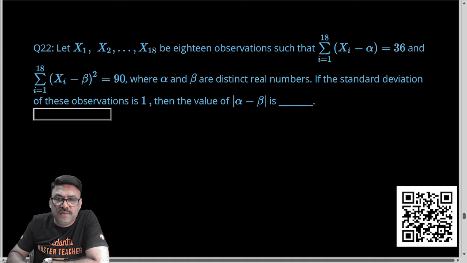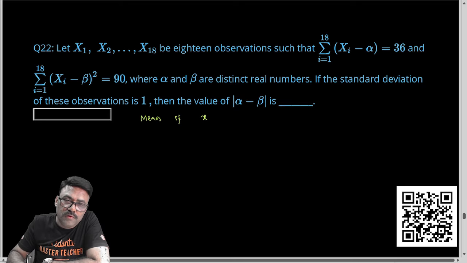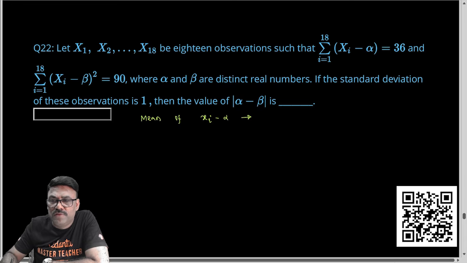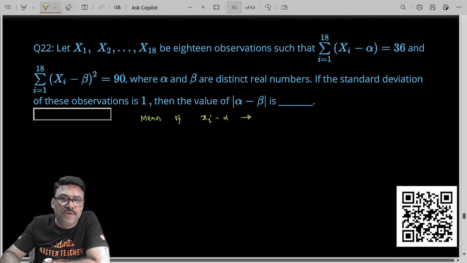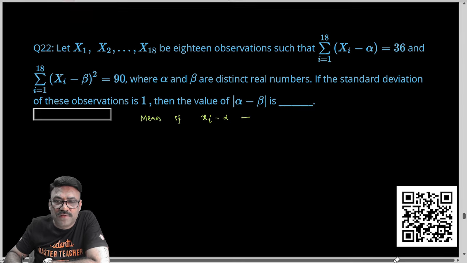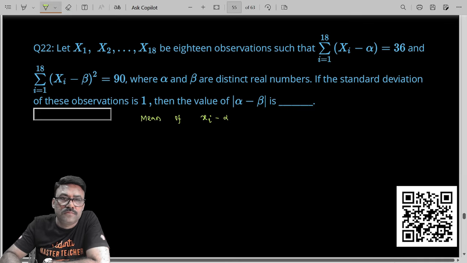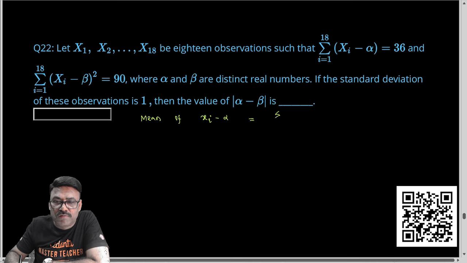So see, let's say we take the mean of observations xi minus alpha. What is the mean of observation xi minus alpha? It is summation (xi minus alpha) by 18, and the summation is 36.